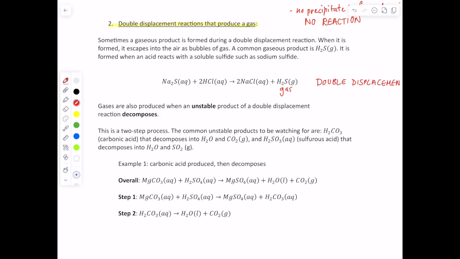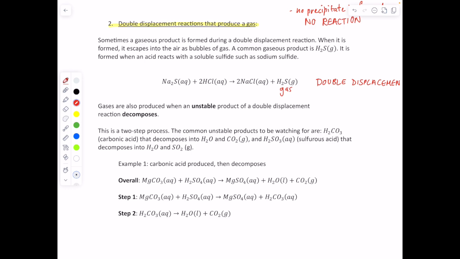Next, let's look at this two-step process. The common unstable product to be watching for is H2CO3, carbonic acid, which decomposes into water and carbon dioxide gas, and sulfurous acid, which decomposes into water and sulfur dioxide gas.